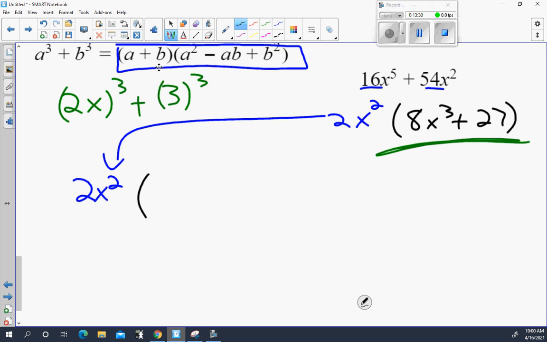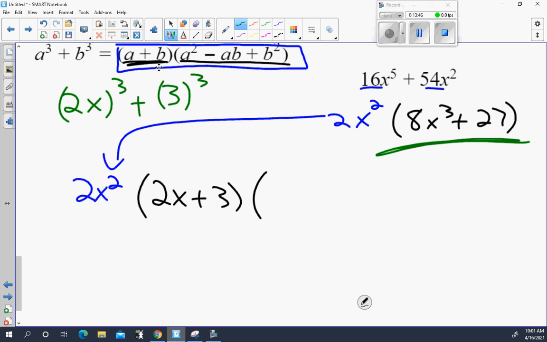So it is 2x squared times A plus B, right? A plus B. What's A? 2x plus 3. And that's also multiplied by what's left. A squared.